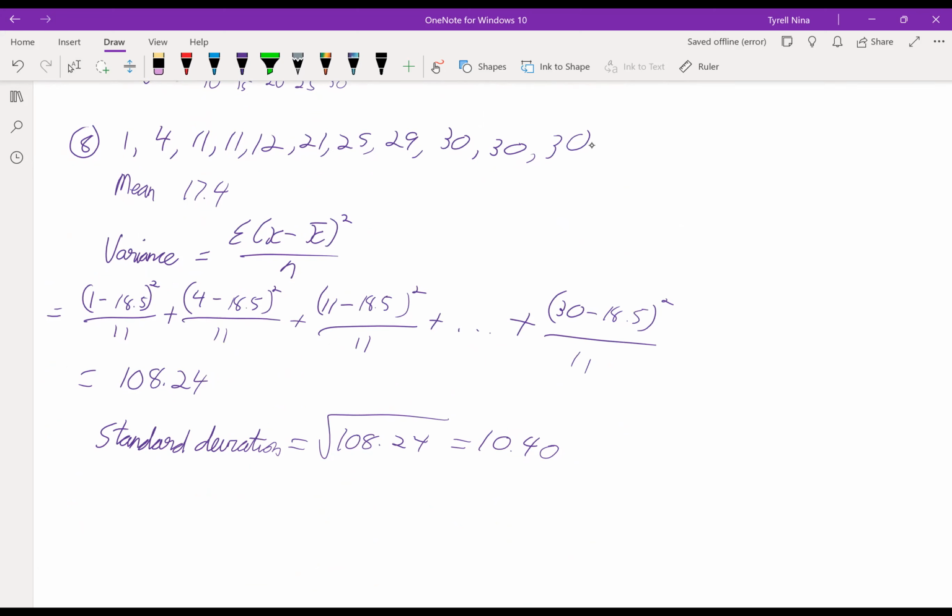Ignore that limits question; when you reach Form 6, you'll do that.